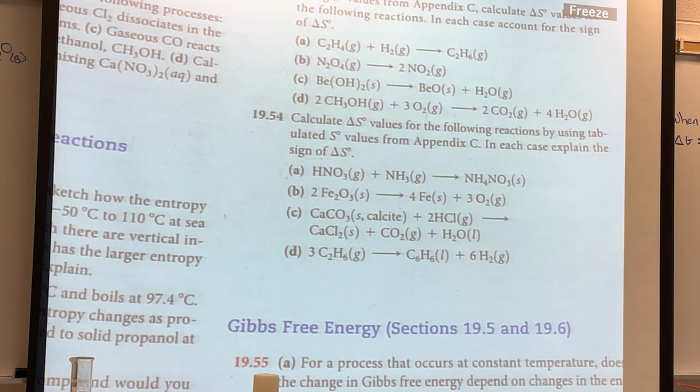Okay, I know that you're not finished yet, which is a good thing. Without doing any math, how can we predict what the sign of delta S is going to be? How many moles of gas do I have as a reactant? 5. How many do I have as a product? So what's happening to entropy? More gas, remember, gas is more disordered.